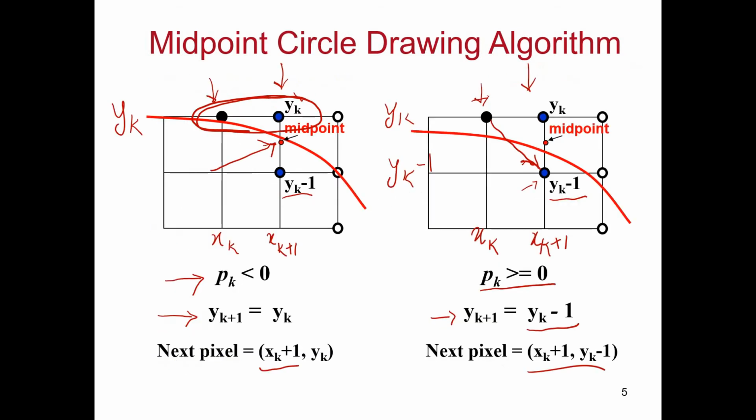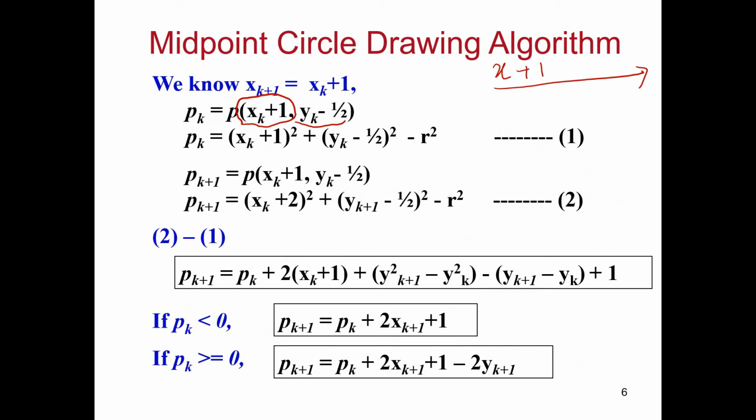As we can see from here, xk is always increasing from this side, but yk might be the same or it may be decreased. So we do not know whether we will increase or decrease the yk. That is why we put half here. That means we are taking a midpoint, and from the midpoint, whether we have a negative value or the positive value, we will choose yk or yk minus 1.